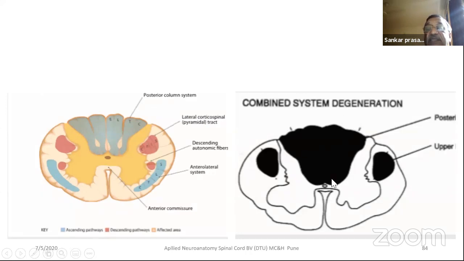And this is a combined system degeneration. How will you diagnose this case? Suppose it's a B12 deficiency. What will be the clinical features of B12 deficiency as far as neurology is concerned? When will you suspect that this is a subacute combined degeneration of the cord?